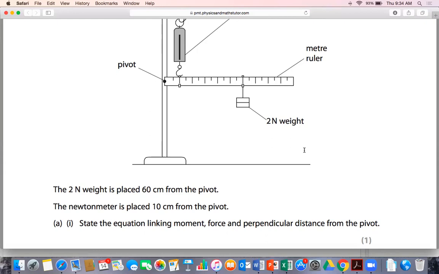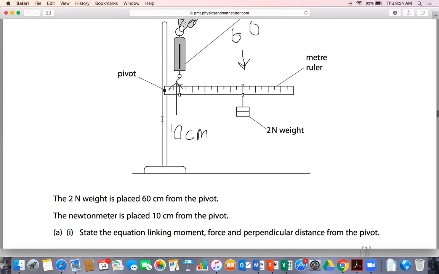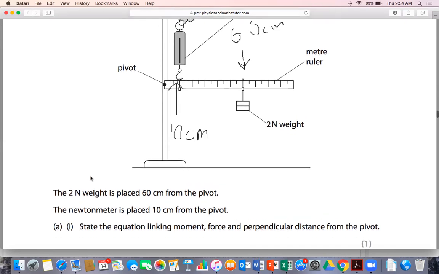Just draw on my screen. Good job. Nice. My drawing skills are very bad.